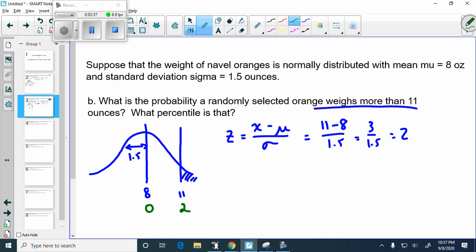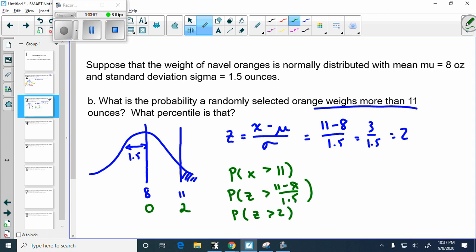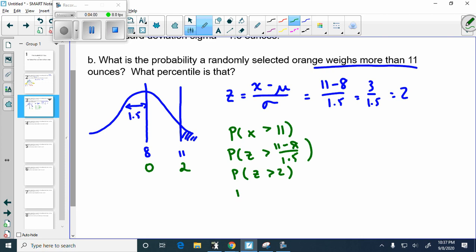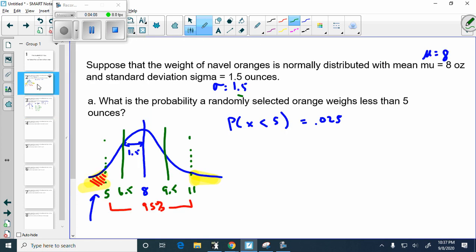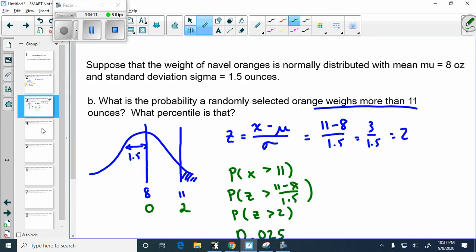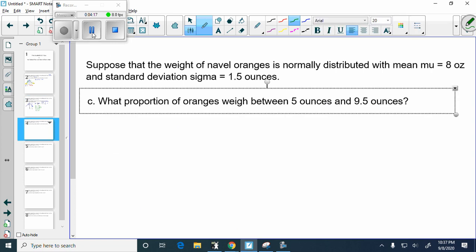And so now I've gone 2 standard deviations above the mean, and just like we had before, that means the probability that I get something bigger than 11, or formally written, 11 minus 8 over 1.5, z is greater than 2, that's going to be the 2.5%, because it's symmetric to what I had on this problem here. And let's use this idea of standardizing as we continue with part C.